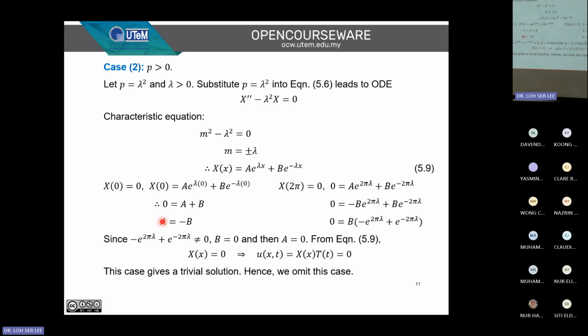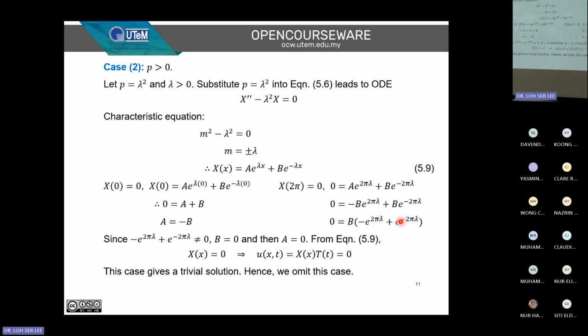From here, your A + B equals 0, we can also have A equals negative B. So we substitute A by negative B. Then we factorize the B, so you have negative e^(2πλ) plus e^(-2πλ).